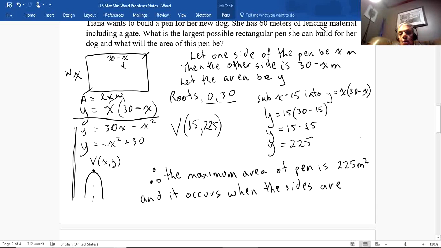What were the two numbers we multiplied to get 225? Are 15 meters by 15 meters.